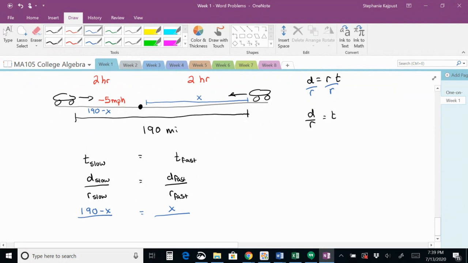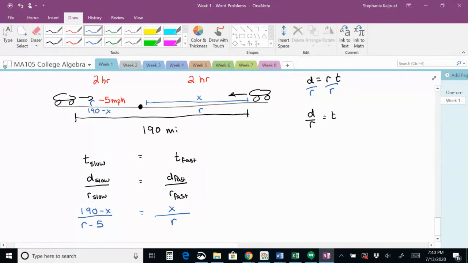We also don't know the speeds. If I say this speed is r, then this other one is r minus 5, because it's 5 slower.